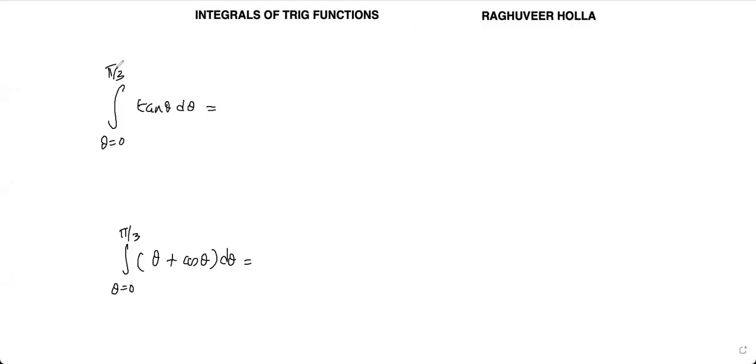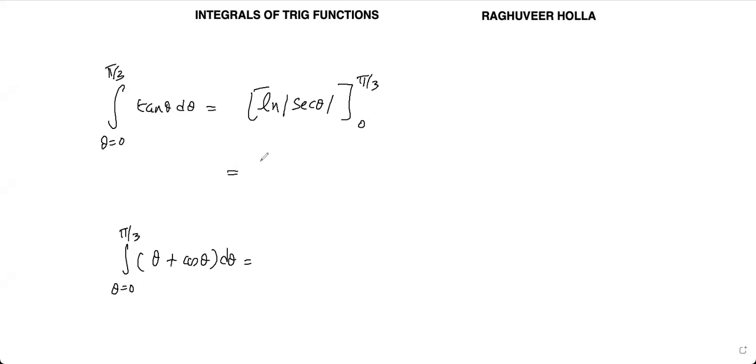Let us see a few more problems on this. Here we have the integral of tan theta for the limits 0 to pi by 3. The integral of tan theta is ln secant theta, for 0 to pi by 3.